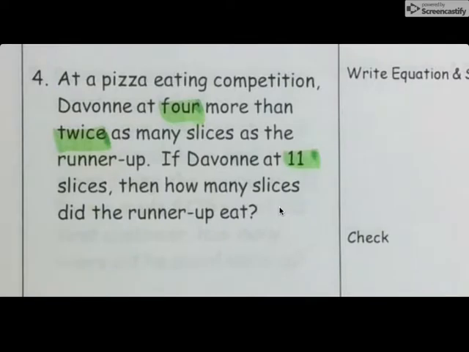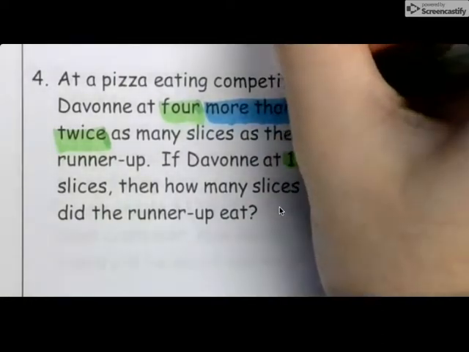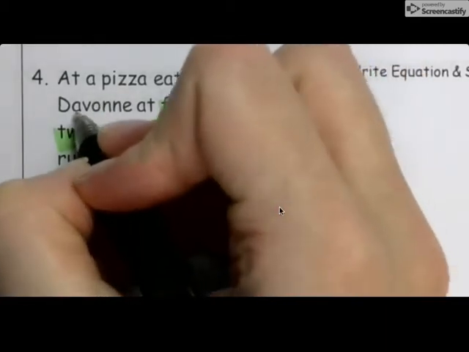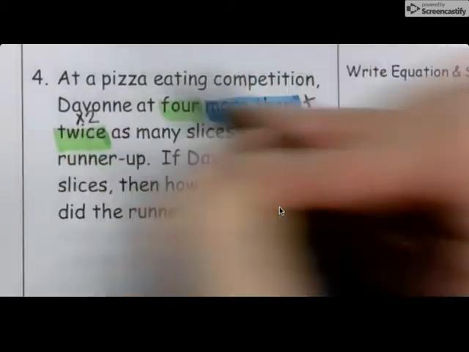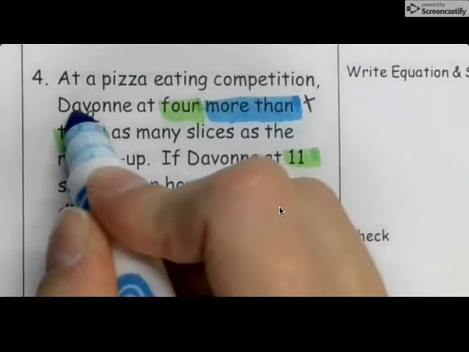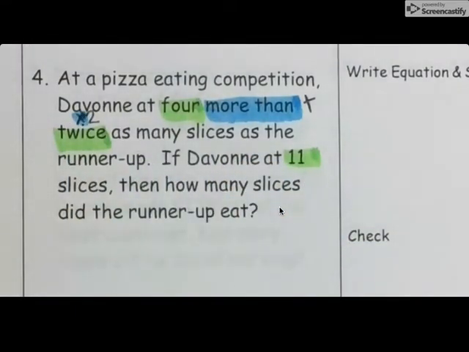So this one has a lot less easy numbers to pinpoint, and this twice is going to be a lot going on. So more than is going to be plus. Twice means times 2. So while it's highlighted green, the times is what's the operator, right? And then the 2, that's the number.